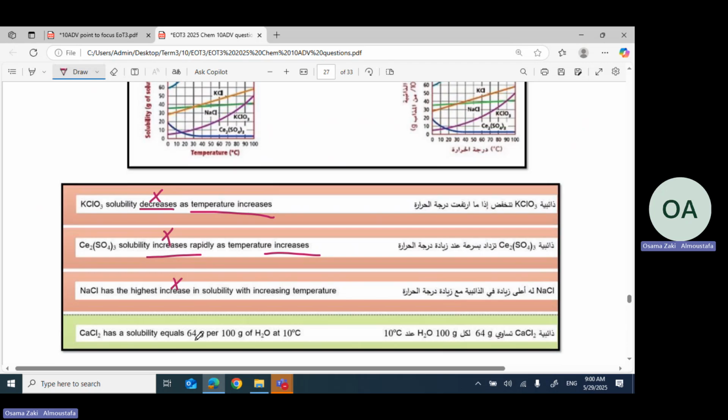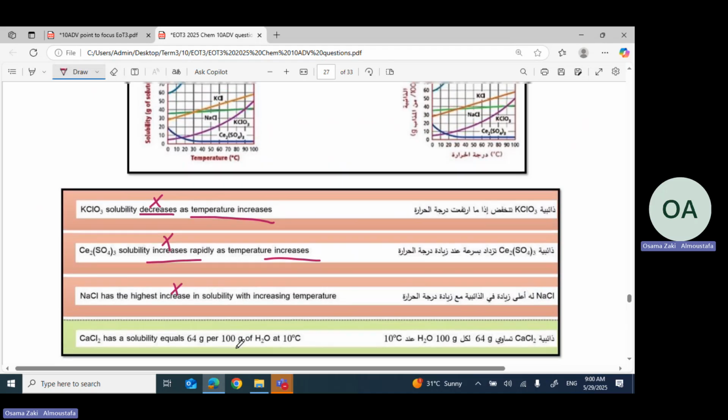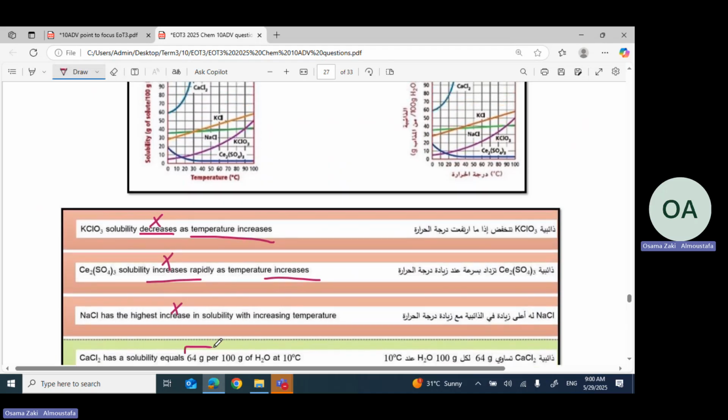CaCl2 has a solubility of 64 grams per 100 grams of water at 10 Celsius. So 64 grams of CaCl2 per 100 grams of water at 10 Celsius.